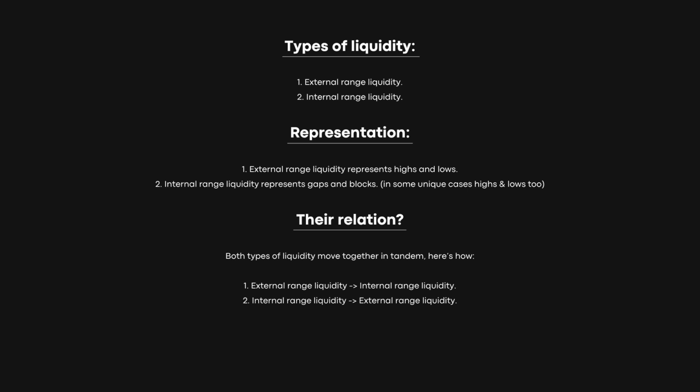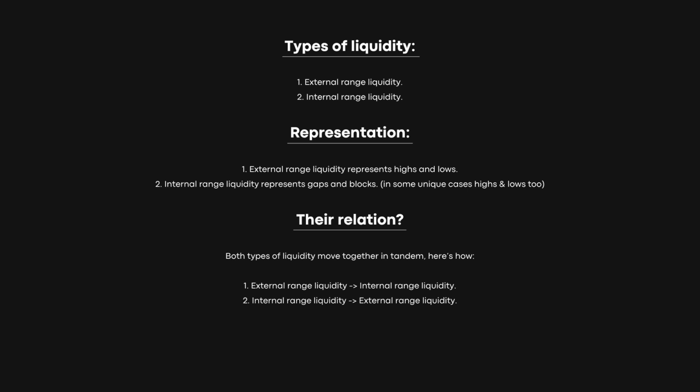And once that's done, then you can look for the next external range liquidity target, right? This gives you a much more accurate roadmap of how price is likely to move. It also keeps you from chasing trades or expecting immediate follow through when you know what price has to go through this rhythm, right? From external range liquidity to internal and back to external, right?